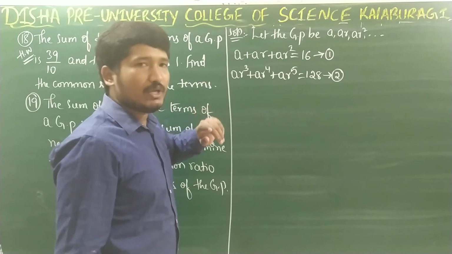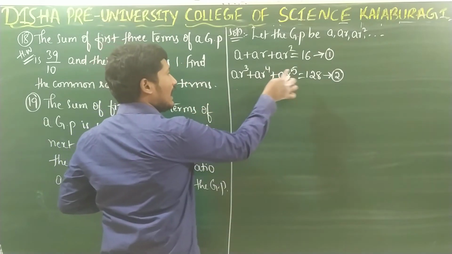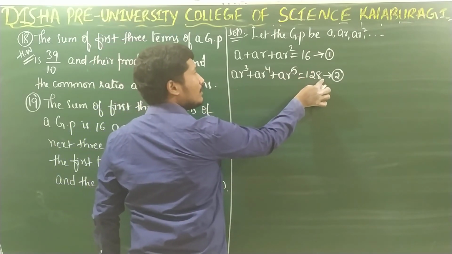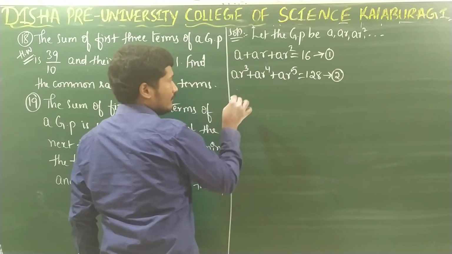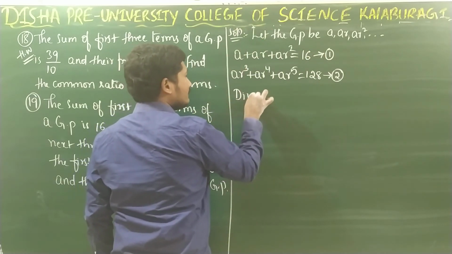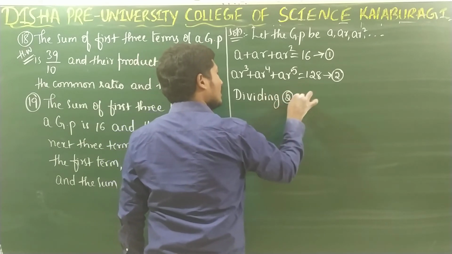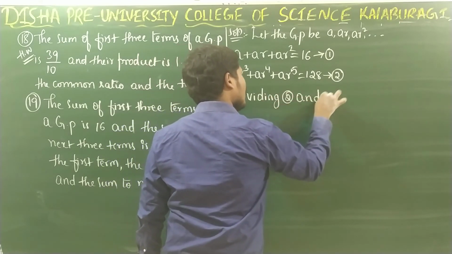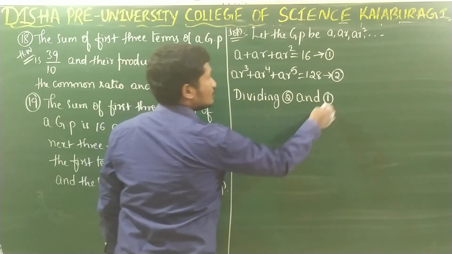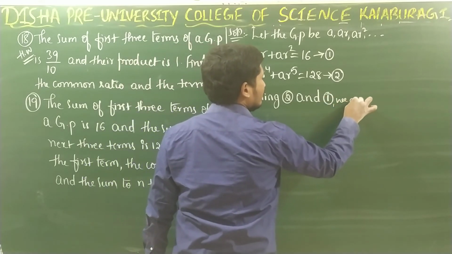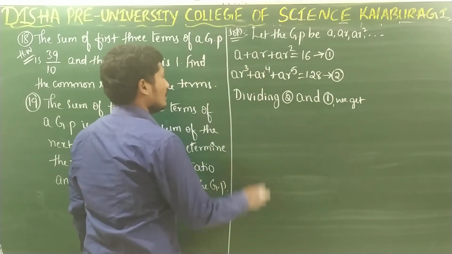So what I will do here is divide equation number 2 by equation number 1. Let us see what we get.